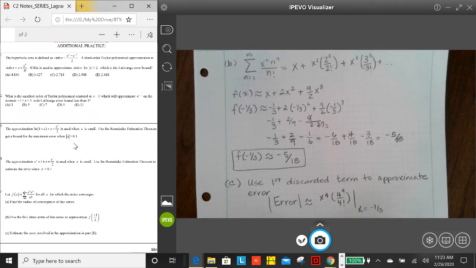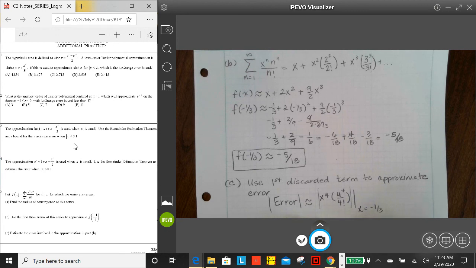So that's going to be 1/4, or negative 1/3 to the fourth, in absolute value, and 3 to the fourth is 81. So this is 1 over 81.